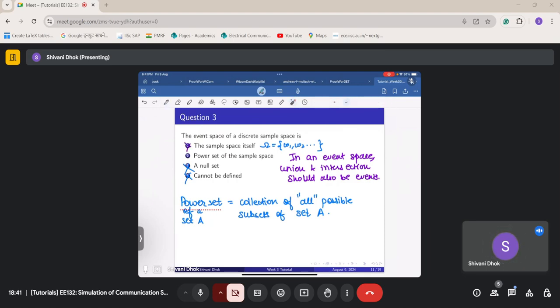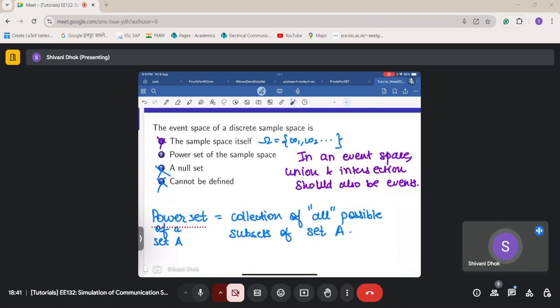So if we consider the power set of A, it has the collection of all possible subsets of your sample space, because it is a power set. Now if I consider two sets A and B from this power set, and if I take their union, that will be in my power set. Similarly, if I take A intersection B, that will also be in my power set.